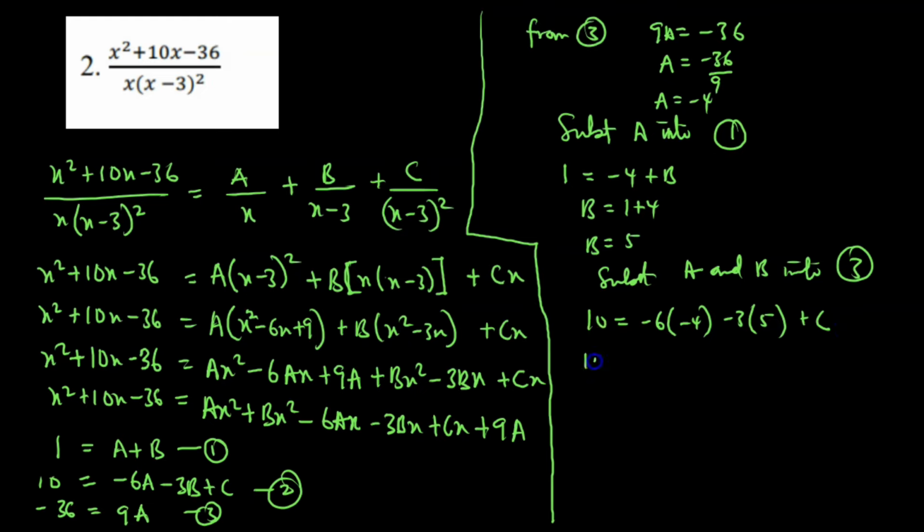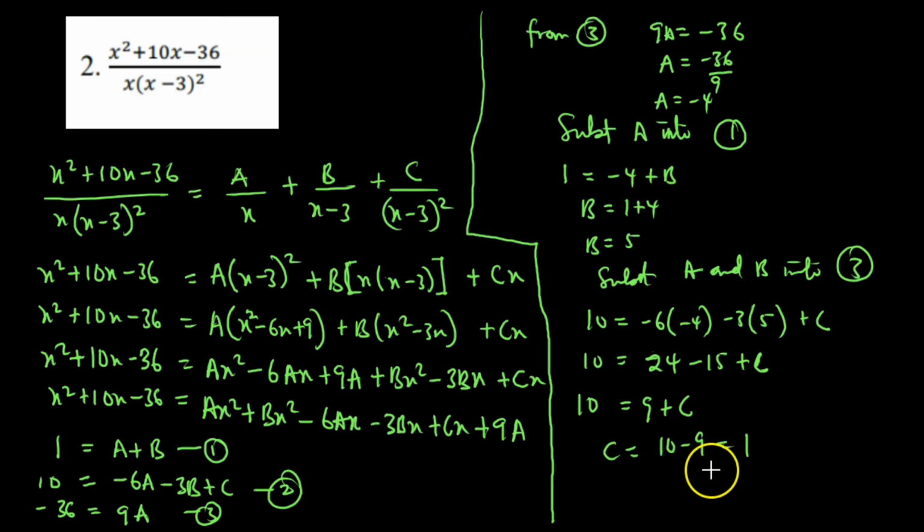Simplifying, we have 10 equal to positive 24, then minus 15 plus c. When we have 24 minus 15, it leaves an answer of 9. So we have 10 equal to 9 plus c. So c is equal to 10 minus 9, which is 1.